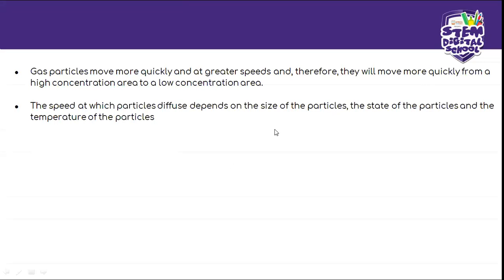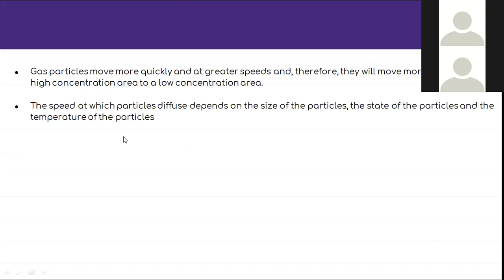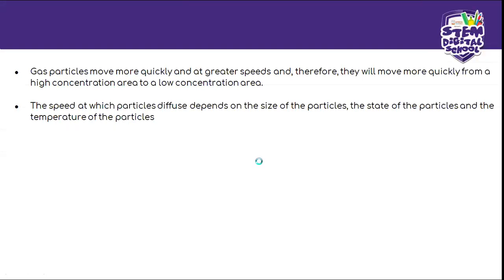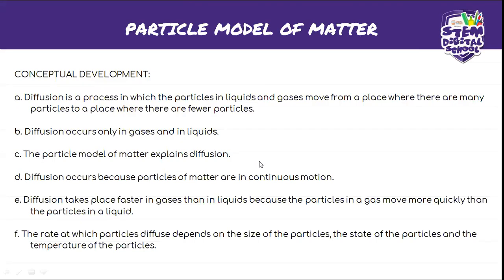So the size of the particles: the smaller the size, the faster the diffusion. Then the state of the particles. Is it gas? Is it a liquid? And the temperature. Is the temperature hot or cold? All right. So let's go on.